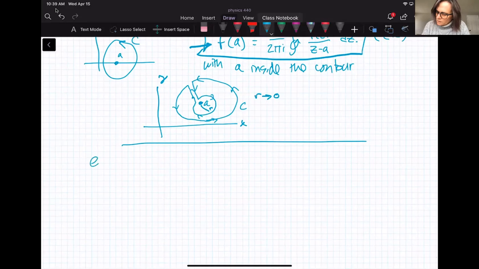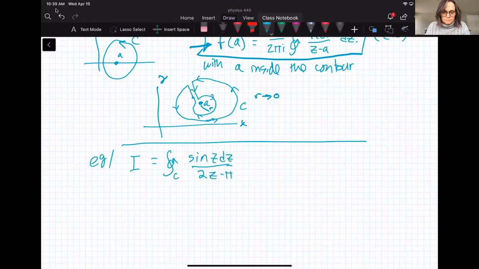Let's consider the case of an integral. Here we'll just make up some integrals. The contour integral of sine z dz over 2z minus pi. Now, the result of this integral depends on what we make our contour. Right?